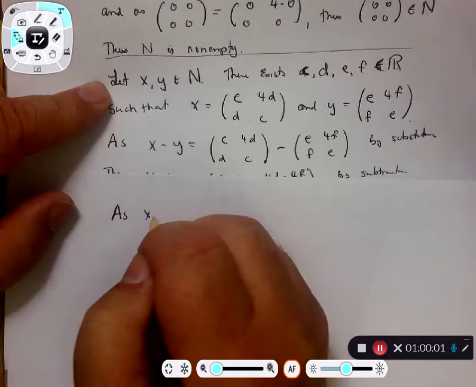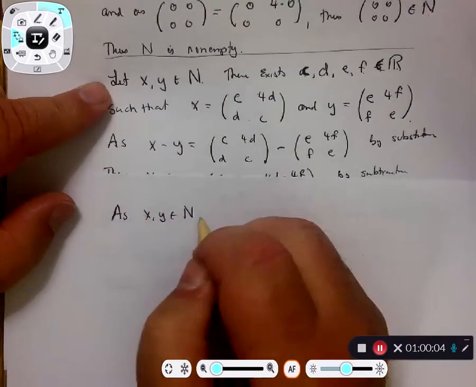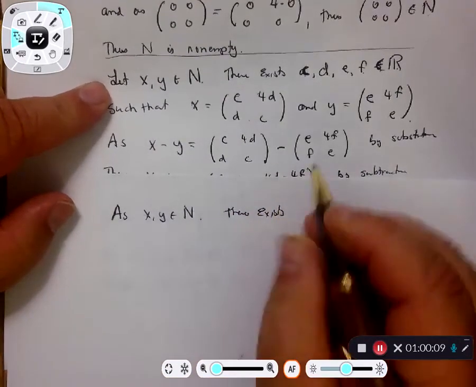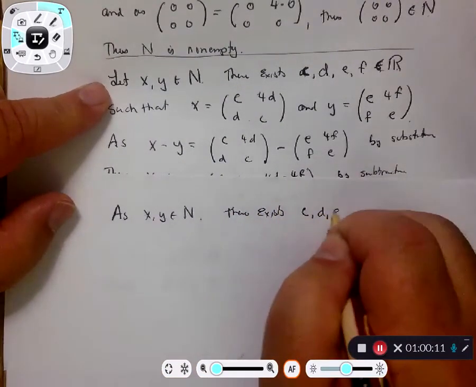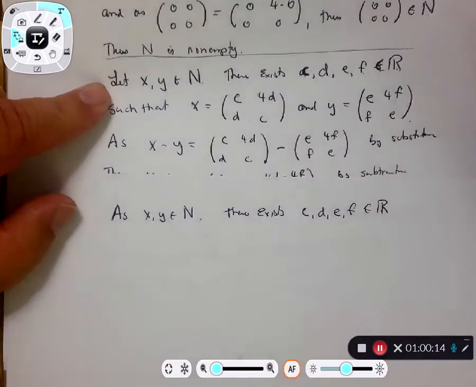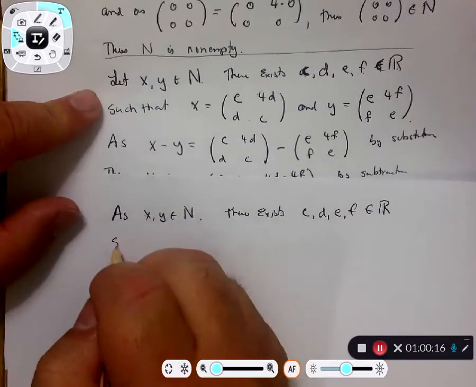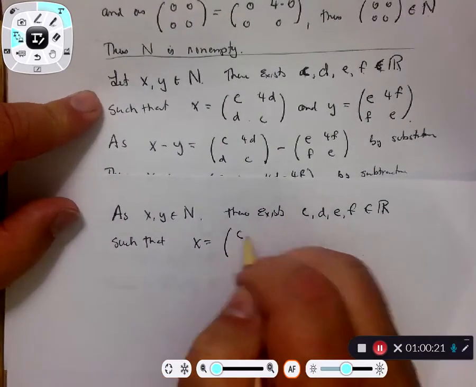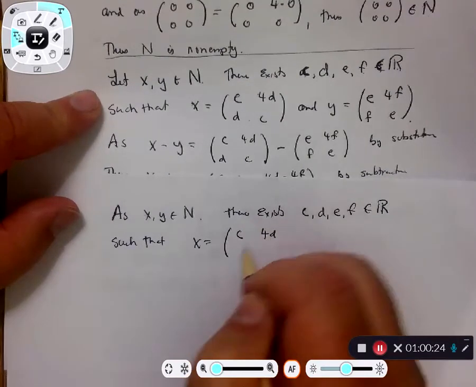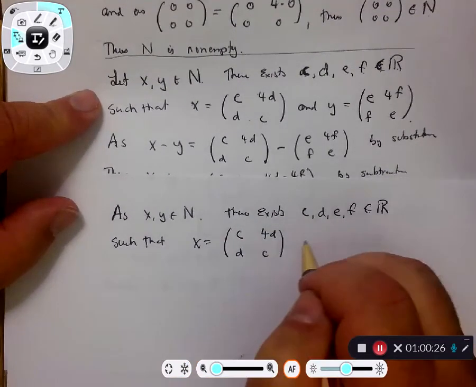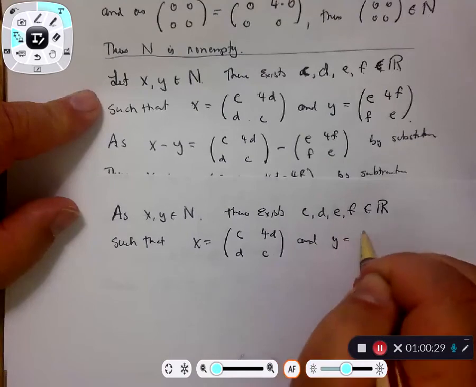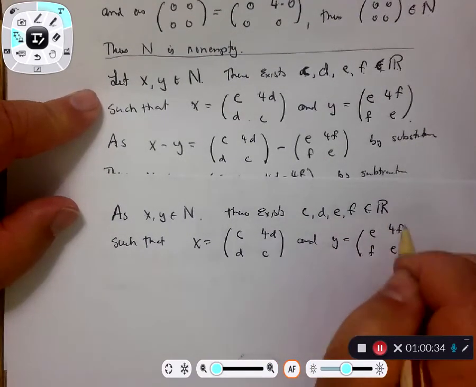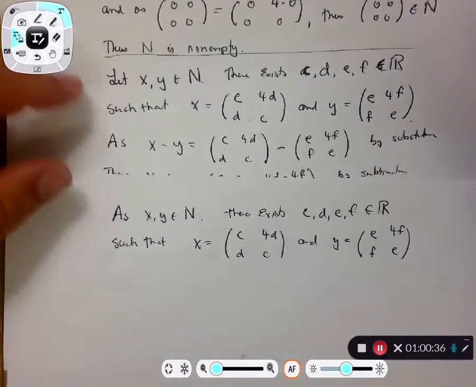As x and y are elements of n, again, just recopy it. There exist C, D, E, and F that are real numbers such that x is equal to C, 4D, D, C, and y is equal to E, 4F, F, E. I know a lot of students ask me, do I have to recopy this over again?